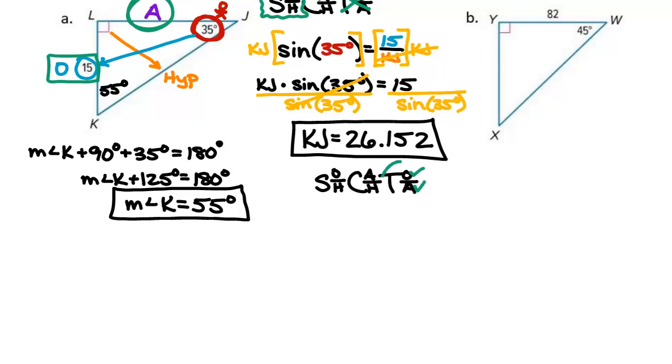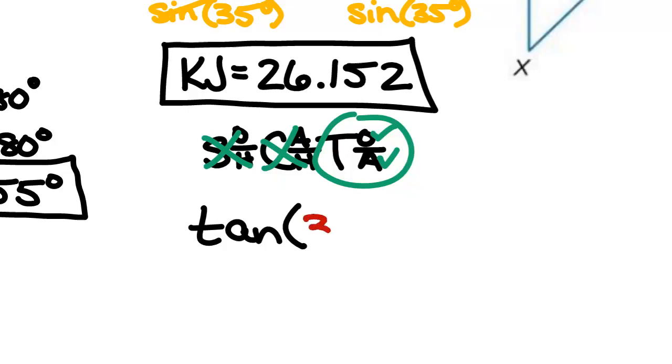Opposite, adjacent, has to be tangent. So tangent of 35 degrees is equal to the opposite side, which is 15, over the adjacent side, which is LJ. You can call it Y, that's perfectly fine, as long as you label it on the triangle that way.